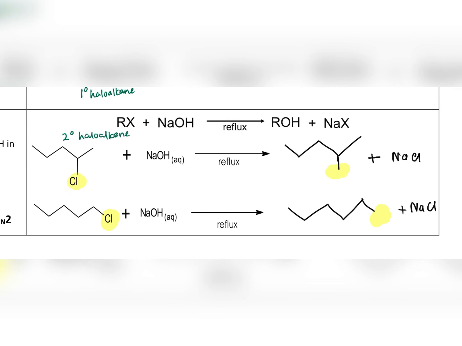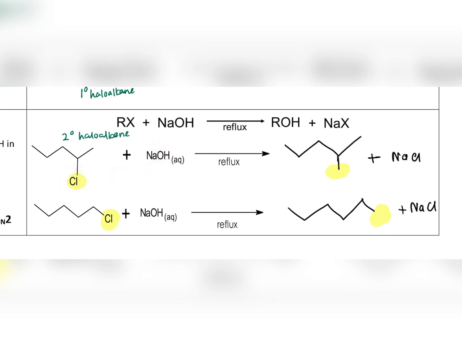So we react with NaOH, and then under reflux, so this part of your halogen will be substituted with OH minus. OH minus daripada NaOH lah.